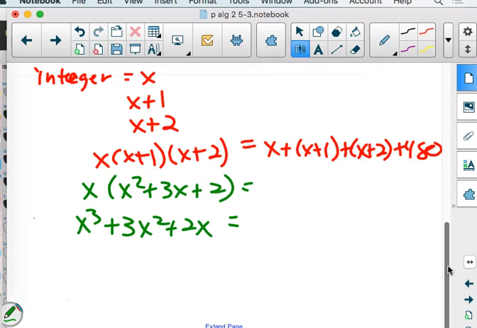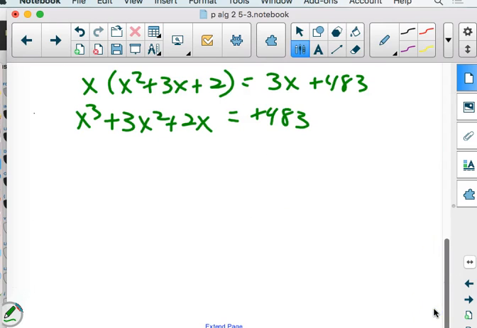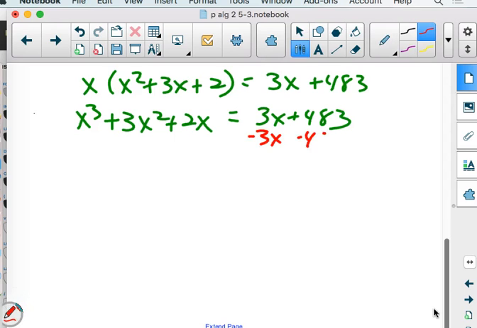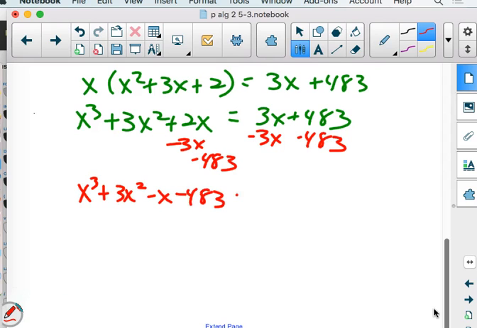X plus x plus x, 3x. 1 plus 2 is 3. 3 plus 480 is plus 480. All right. Bring it over to one side. Oh, I forgot to write 3x. So let's subtract 3x and subtract 483. And we will have x cubed plus 3x squared minus x minus 483 equals 0.